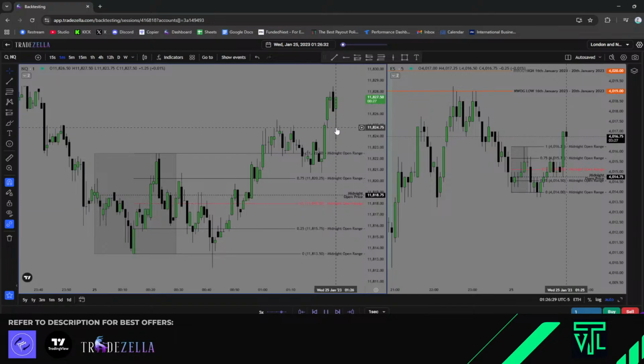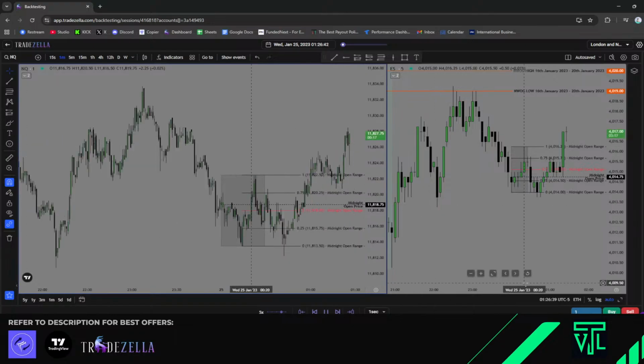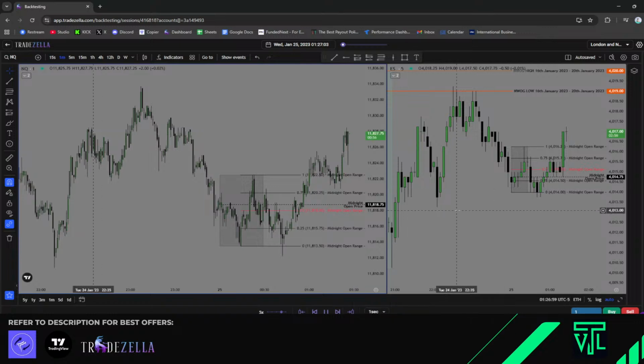This is a good entry for long for me, but I'm waiting for 1:30. Holding this inversion fair value gap beautifully there.